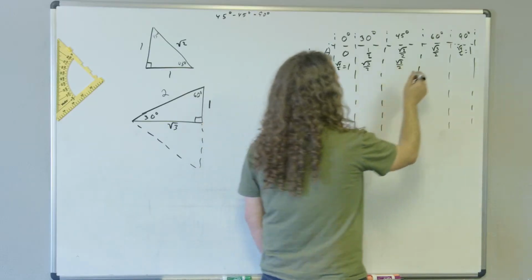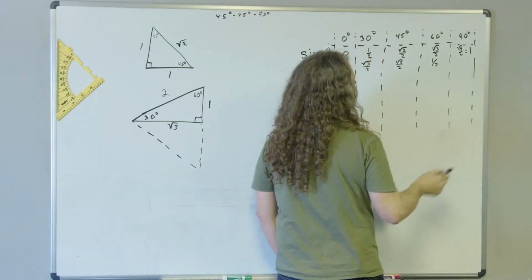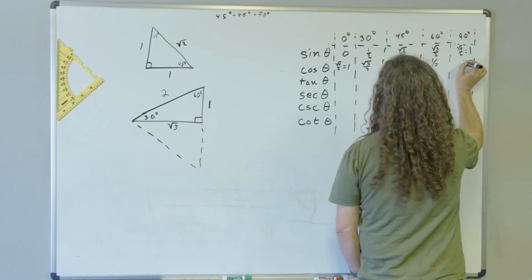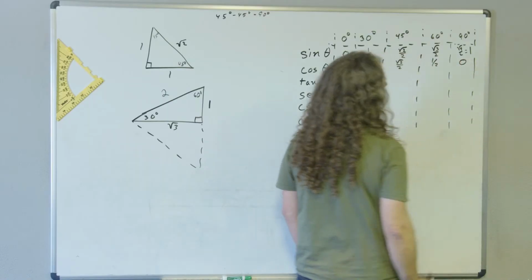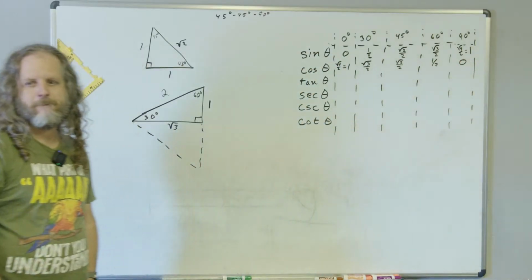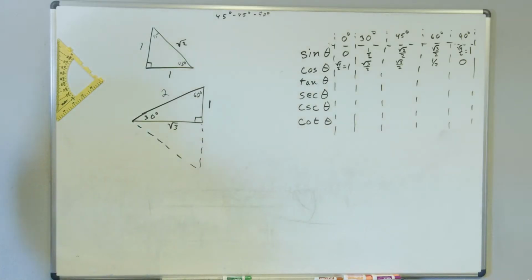Cosine of 60 is 1/2. And cosine of 90 is 0. So you don't even have to memorize both of them. You just memorize one of them, and remember the other one's going the other way. True enough. But you have to take a mental picture because this is something that you have to have memorized and will not be on any kind of chart. Yeah, you just got to remember sine and then reverse it and you get cosine.